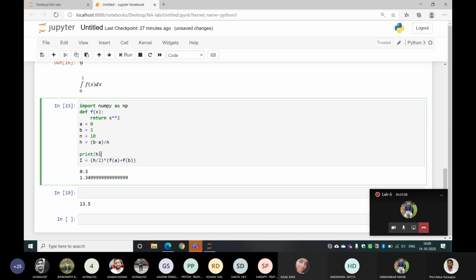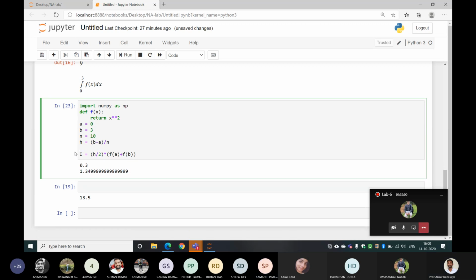So x will be np.linspace, starting from 0 going up to 3, increment is h.